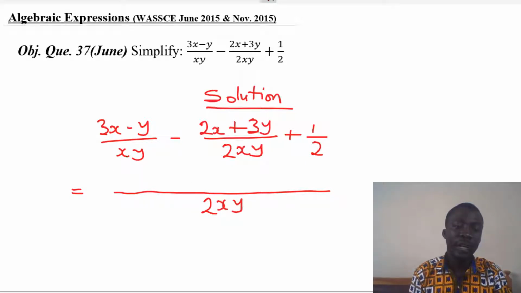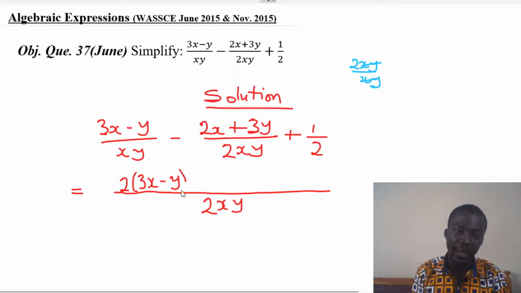So, 2xy divided by xy. Let me do it here. xy will cancel xy, so we'll be left with 2. And it will be 2 multiplying the numerator 3x minus y.